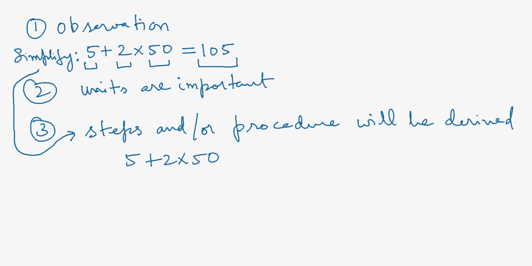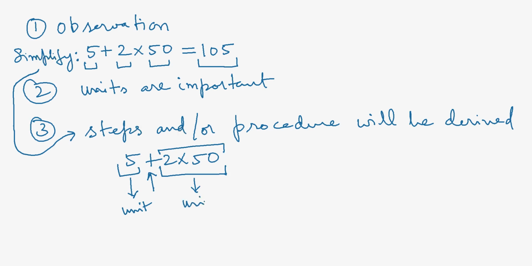Because of that, the multiplication process has to be done first, because as you said, in the previous whiteboard we mentioned that. The purpose of the addition is that we can add only when this 5 has the same unit as this term. Completely put together, the 2 multiplied by 50 should have the same unit.